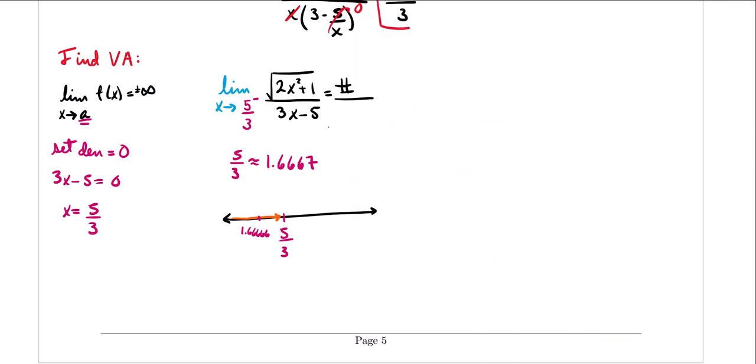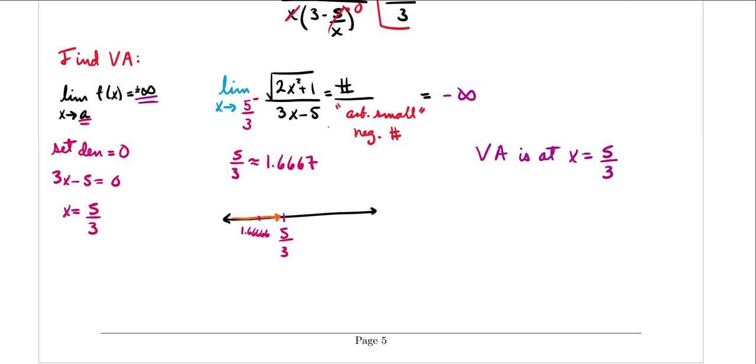So what we basically have here is a number divided by an arbitrarily small negative number. So what does that mean? What are we going to get? Yep, you guessed it. We're going to get a negative infinity. So we are indeed getting an infinity. So the vertical asymptote is at x equals 5/3.